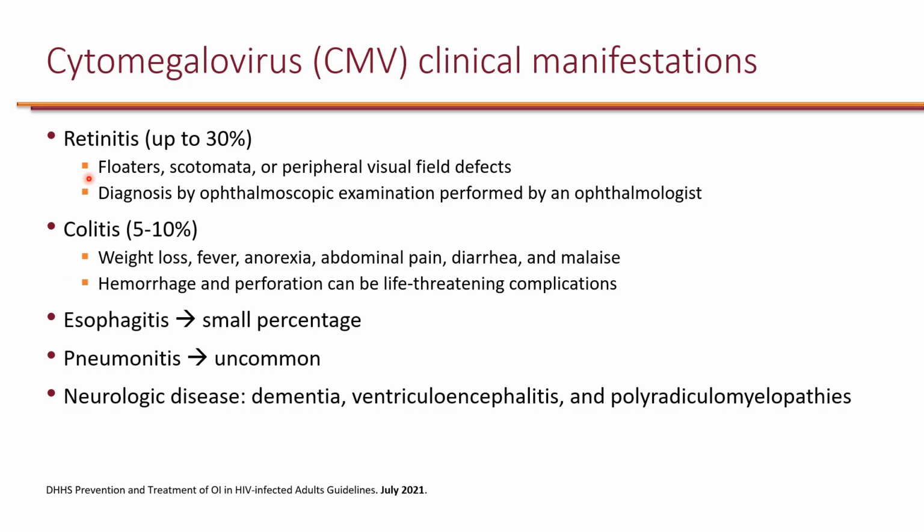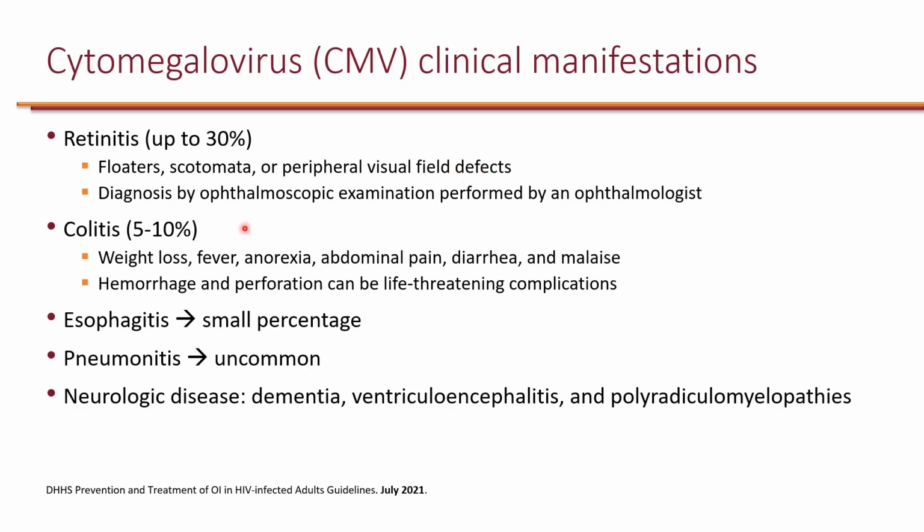Now let's take a look at some of the symptoms. With retinitis, basically patients will experience floaters, which essentially means spots in the vision, scotoma, and the plural for scotoma is scotomata, which essentially means a partial loss of vision or blind spot in an otherwise normal visual field, and of course peripheral visual field defects.